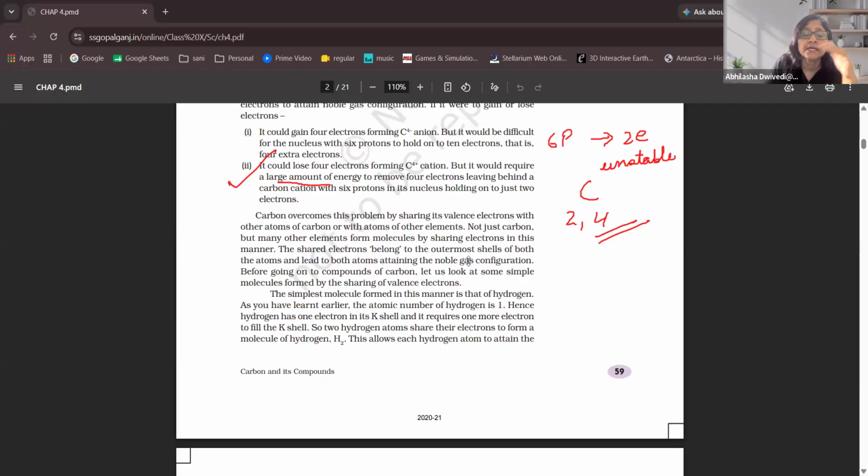This is the reason that carbon mostly does covalent bonding. In covalent bonding, the electrons are shared in equal numbers between the atoms.